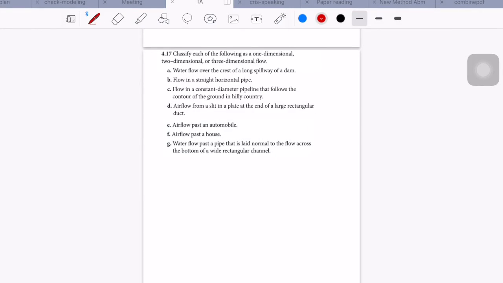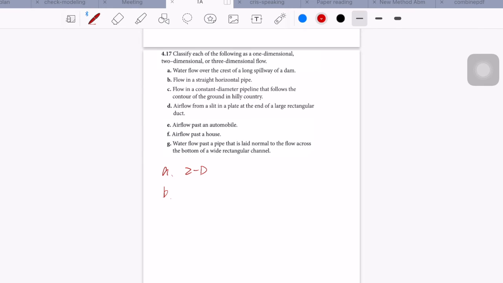For the last problem, we also need to classify the type of flow. For A, water flow over the crest of a long spillway of a dam, we know over the crest the velocity should be a function of two spatial parameters. So A is a two-dimensional flow.